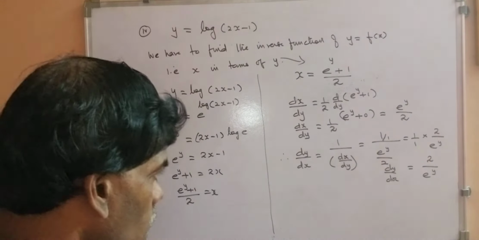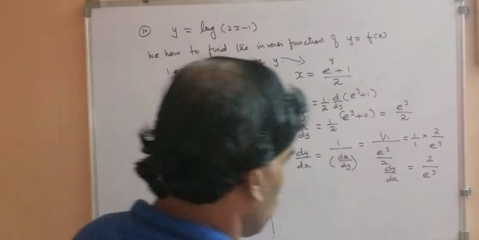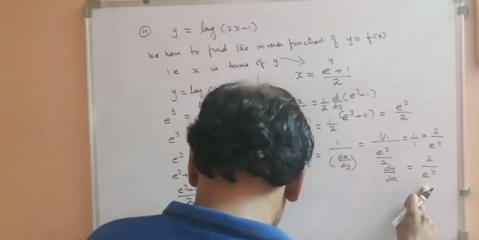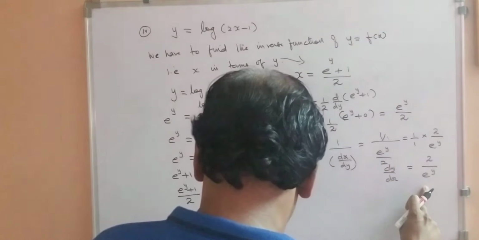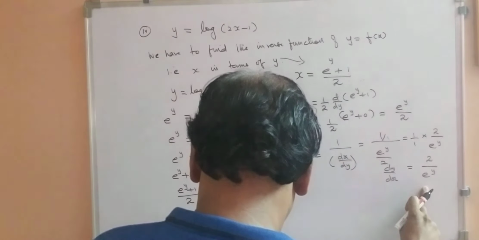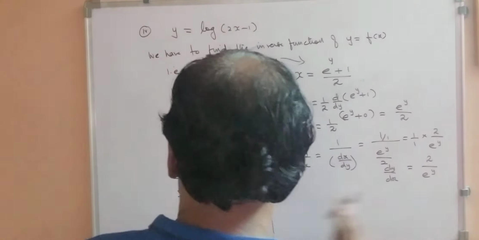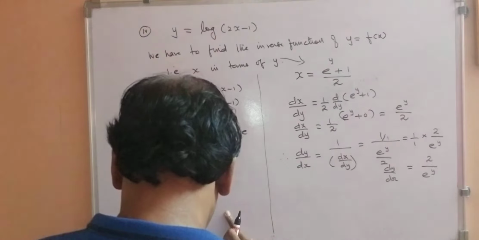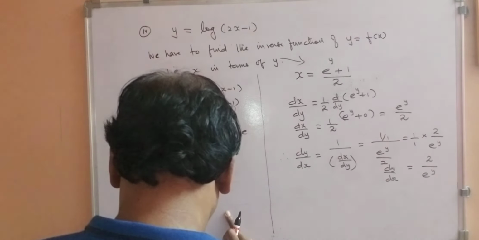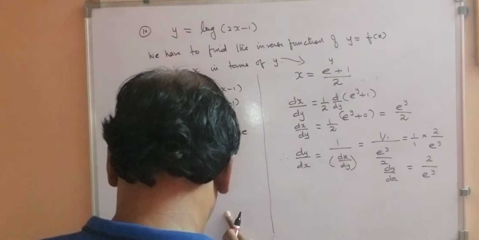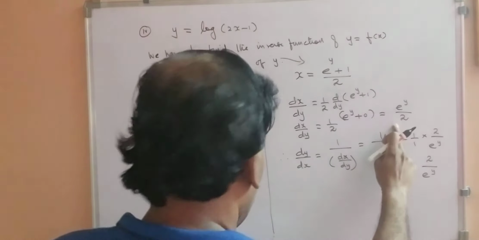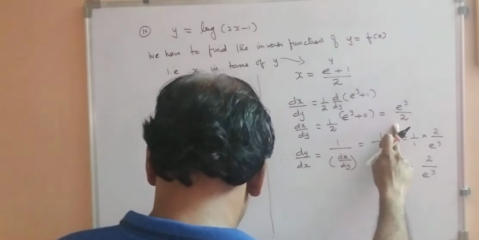Followed? Now what is y? That again you have to write. Now what we have written is 1 upon log 2x minus 1. We have written x is equal to 1 upon 2 e to the power y.